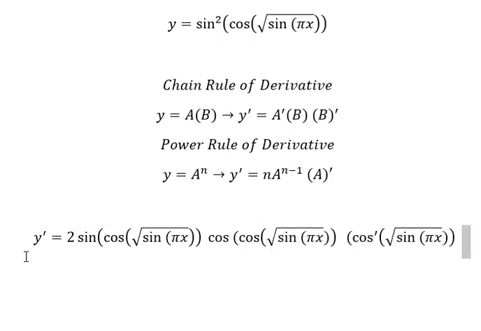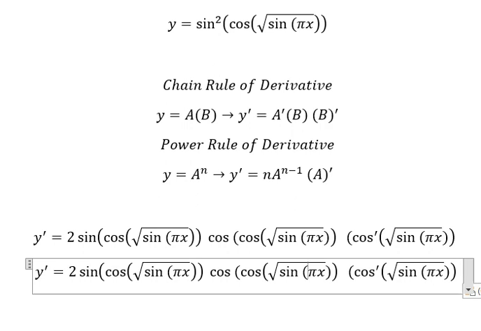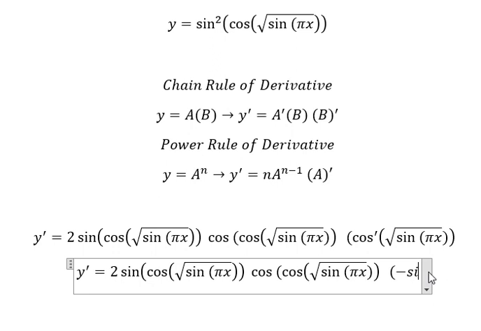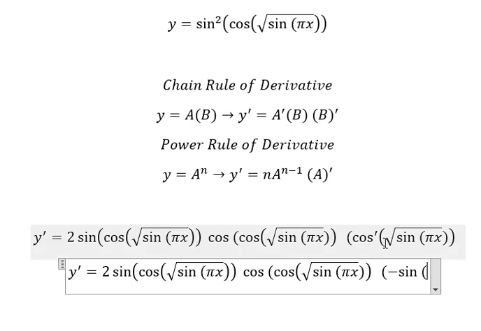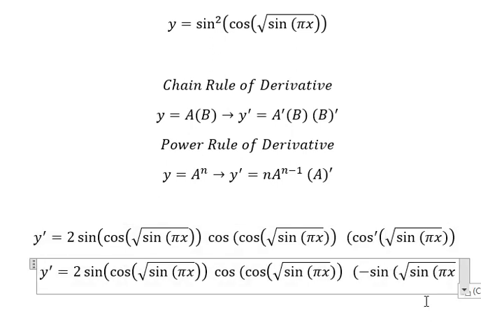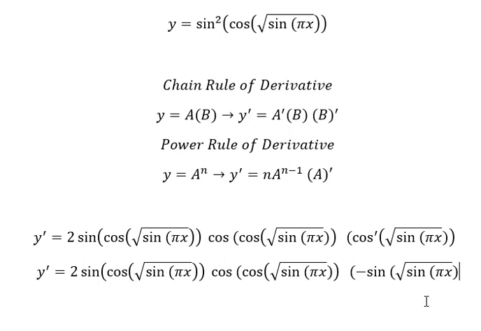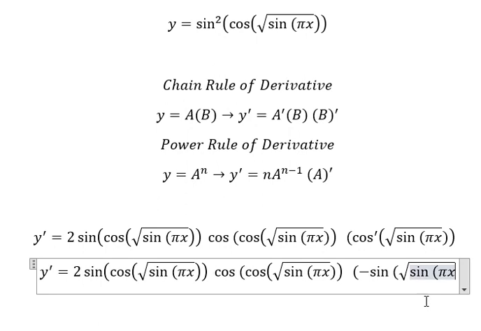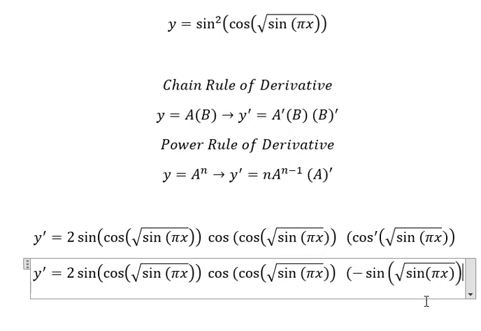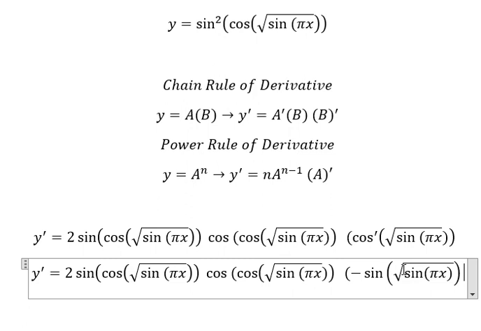Next, the first derivative of cosine, we have negative sine of this one. Then we do the first derivative of this one.